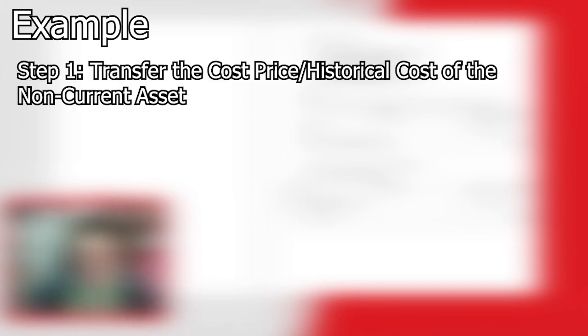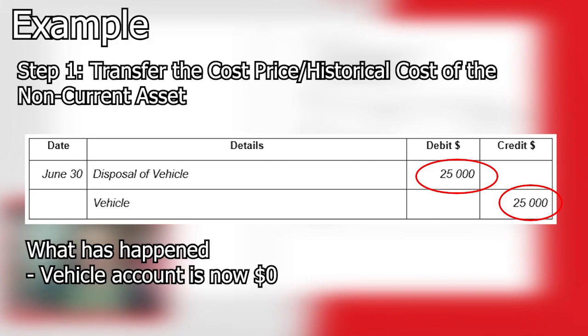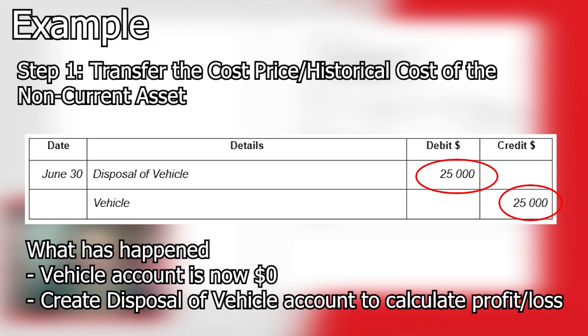So, the first step, if we go back to our steps, we transfer the cost price or the historical cost. It's disposal of vehicles debit $25,000 and vehicle credit $25,000. What happens is a twofold effect. It means our vehicle account is 0, because at the end of this we're not going to have the vehicle. It's going to be 0, no matter what. The disposal of vehicle account is our mechanism to calculate profit or loss on disposal of an asset.